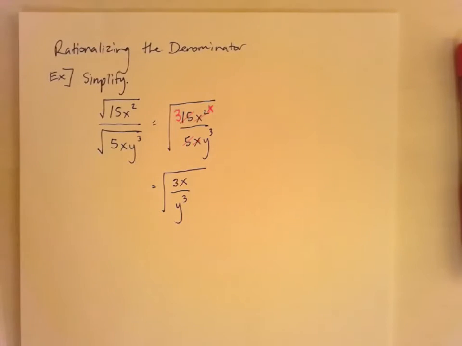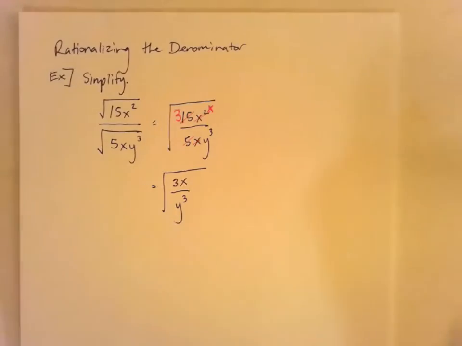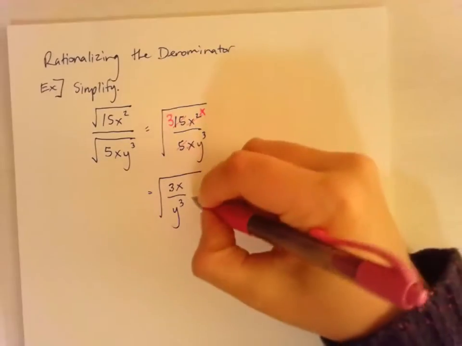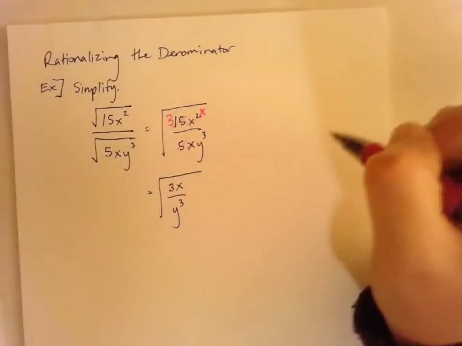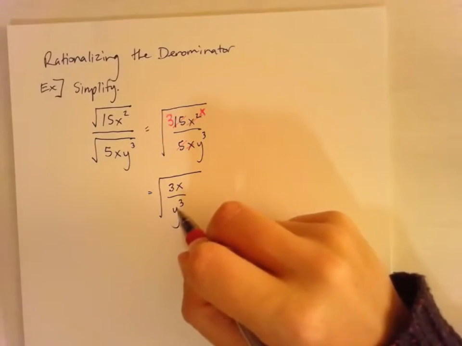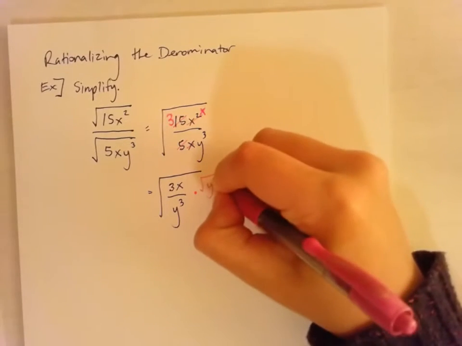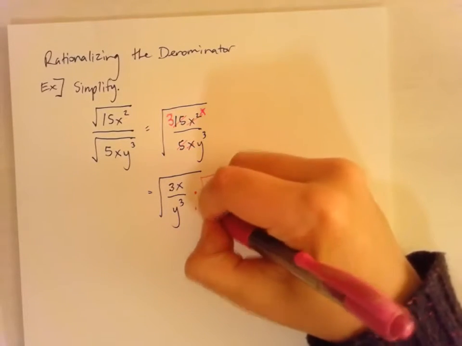So what we do to simplify it is we multiply top and bottom by whatever the radical in the bottom is. So I'm actually going to use my other pen. I have really a radical y cubed here, so I'm going to multiply the top and the bottom by that same thing, by radical y cubed.